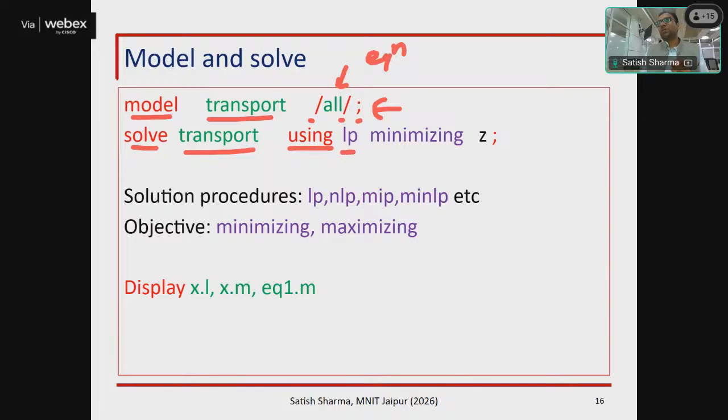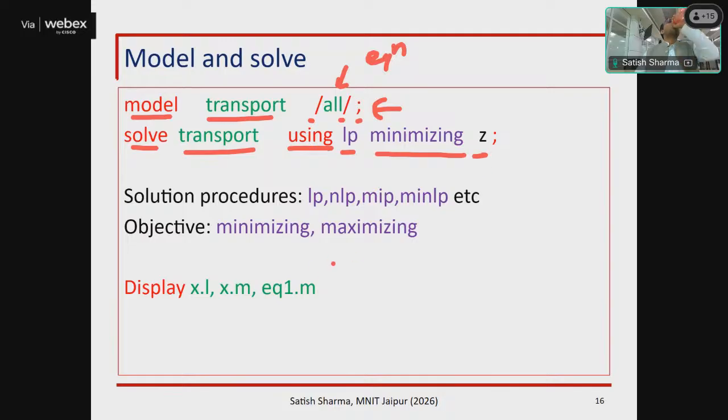It can be LP, MILP, NLP, quadratic programming, QP, and so on. These indicate which type of problem it is. Then whether you want to minimize or maximize, you can put either minimizing or maximizing, and which variable you want to minimize or maximize.